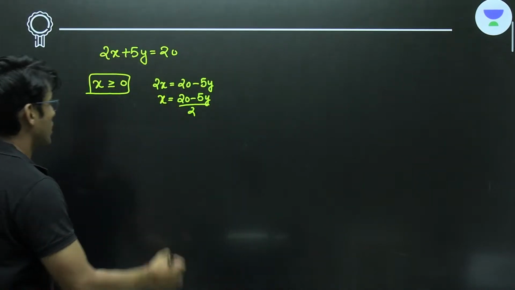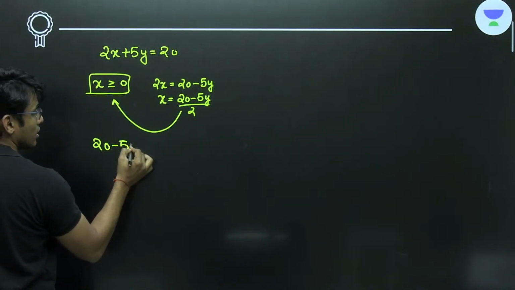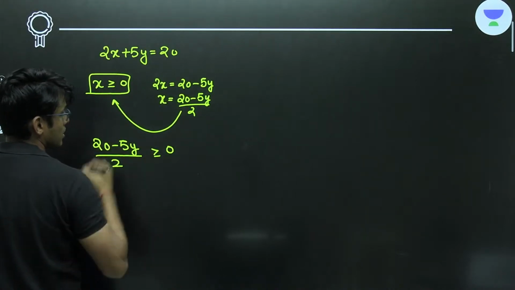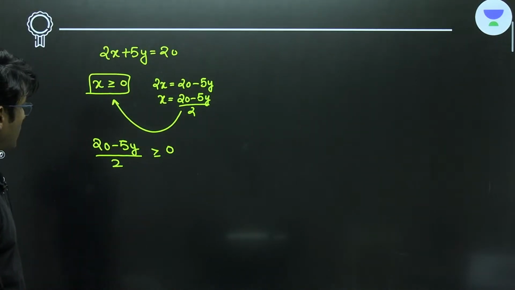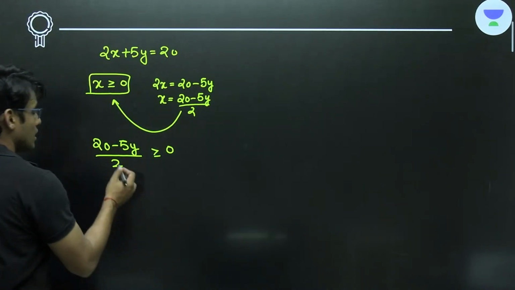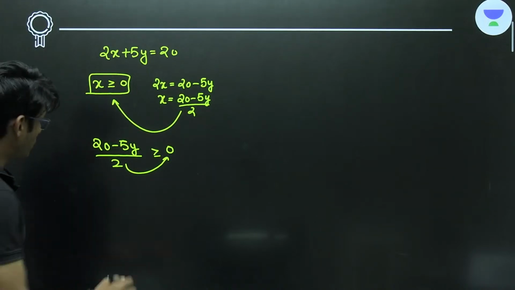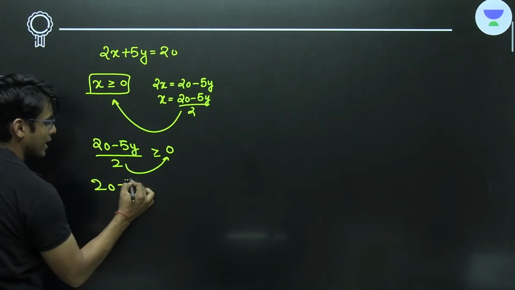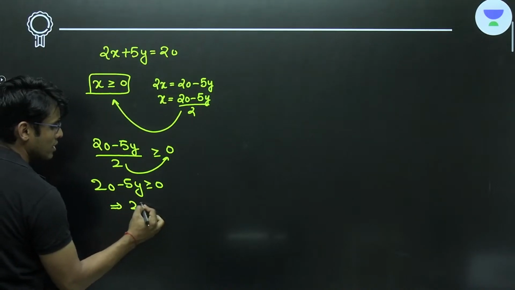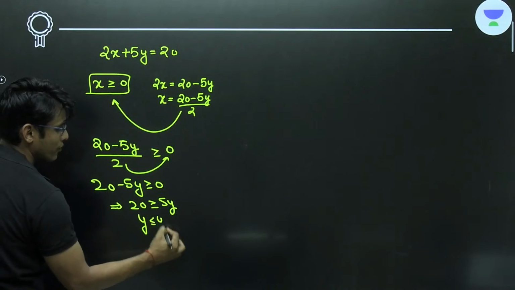Now let's put this value here: (20 minus 5y) by 2 is greater than or equal to 0. Obviously, I can cross multiply by 2 here; it will be of no consequence. So, clearly, I can see 20 minus 5y is greater than or equal to 0, which implies 20 is greater than or equal to 5y, or y is less than or equal to 4.